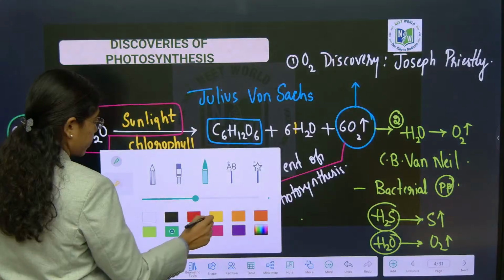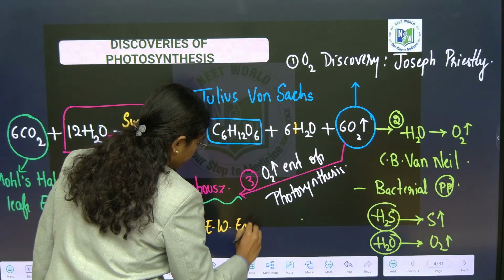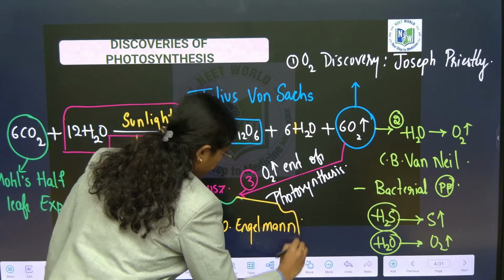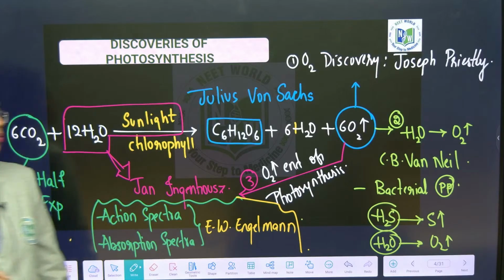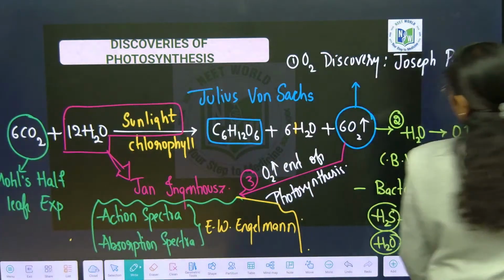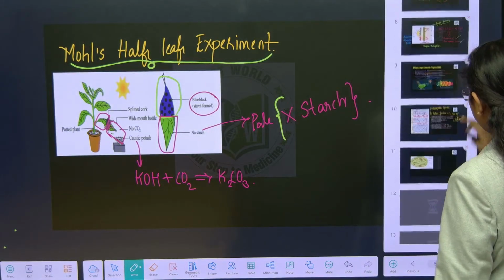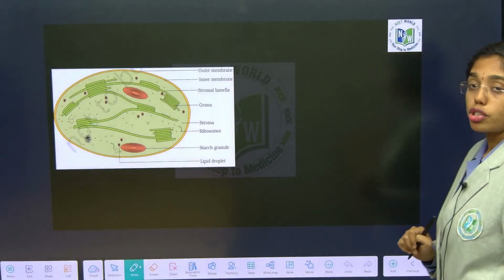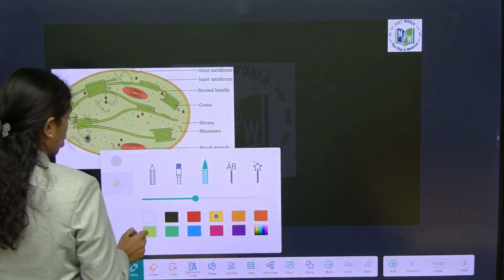E.W. Engelmann. Fine, right. Clear with the complete discoveries? Any doubt anywhere? Now, we'll move on to the locations or sites, before which we have to completely know about the chloroplast organelle.